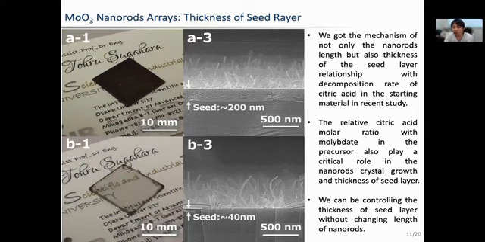You can see the difference between the upper figures and the lower figure. You can see the transparent seed layer thickness of about 40 nanometer. However, it doesn't change the length and thickness of the nanorod.